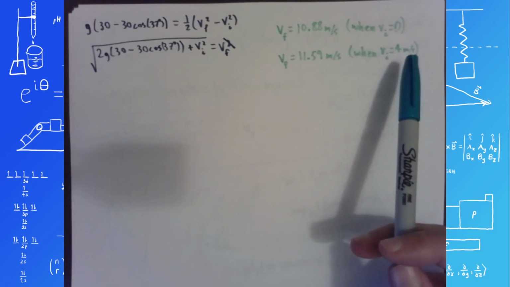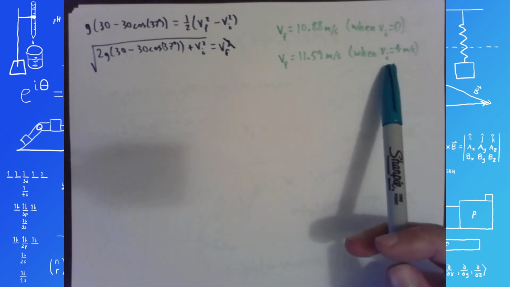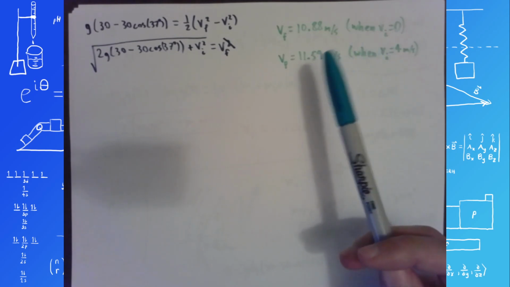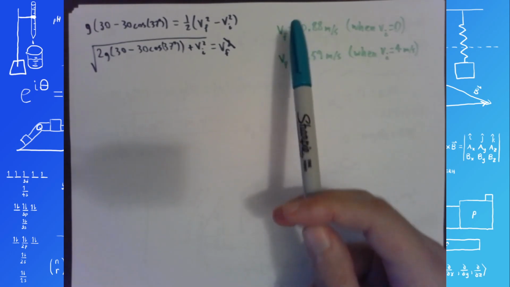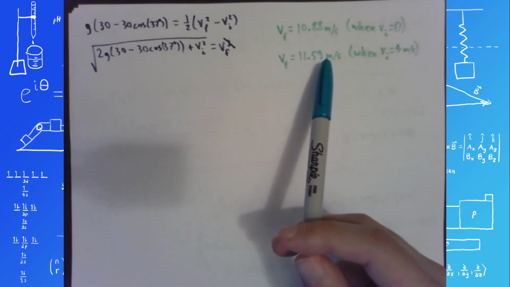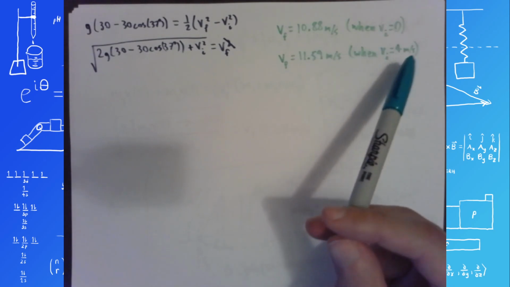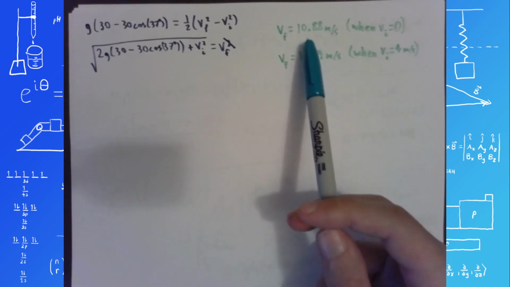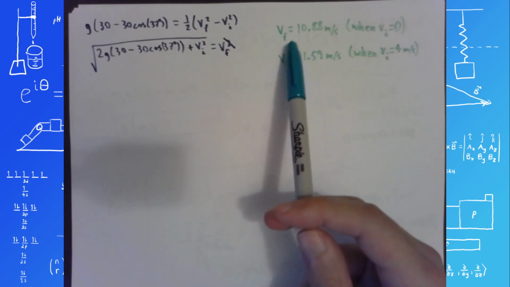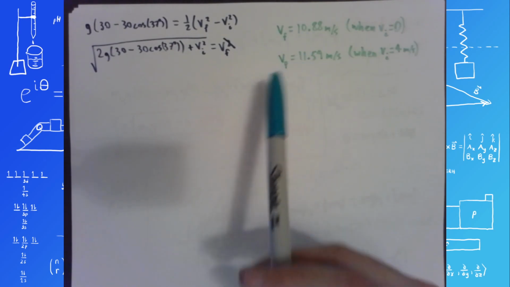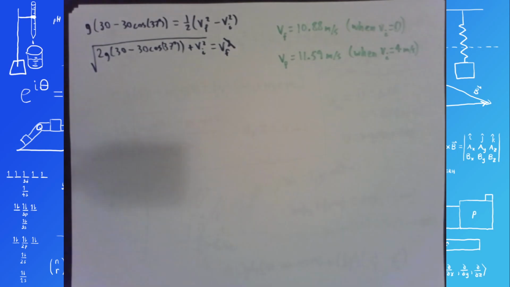Maybe some of you would have realized early on that this number was not going to be 4 more than this number. And some of you may have thought that maybe it'll be square root of 4 more, but that's not the case either. As you can see, the difference between 10.88 and 11.59 is less than 1, in fact.